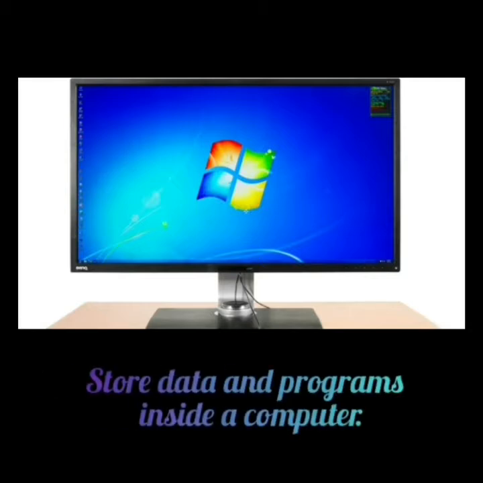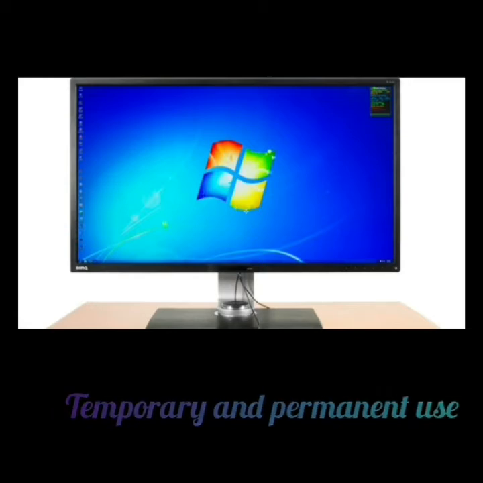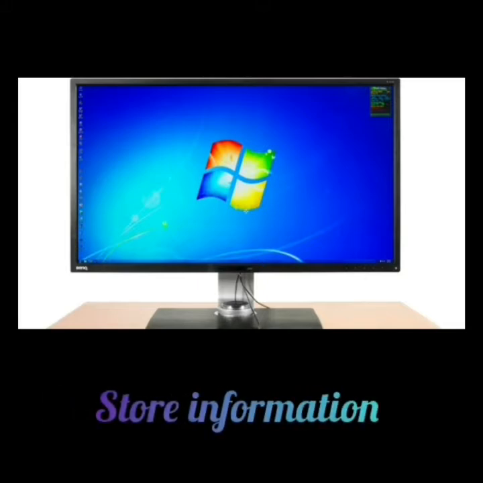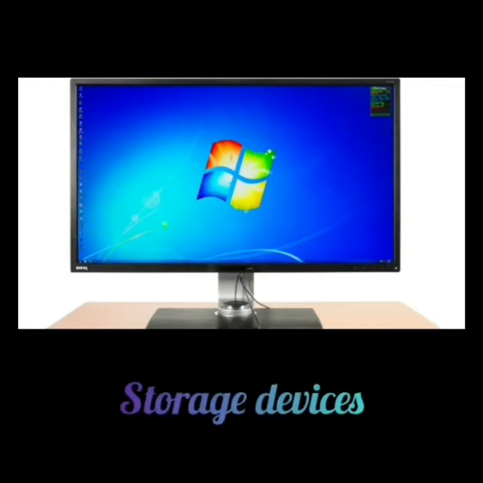Computer memory refers to devices that are used to store data or programs inside a computer on a temporary or a permanent basis for use. A computer uses its memory to store information. The memory devices are also called storage devices.